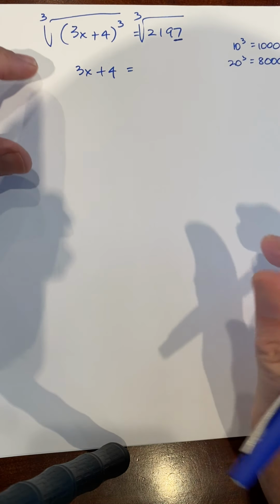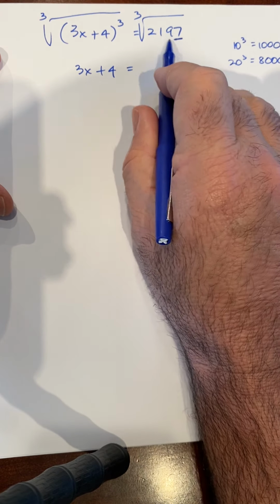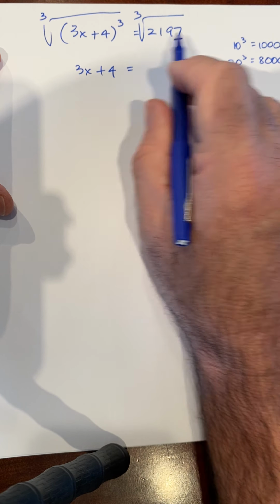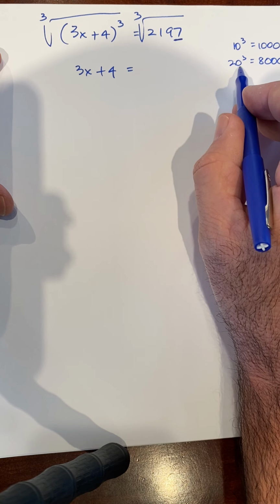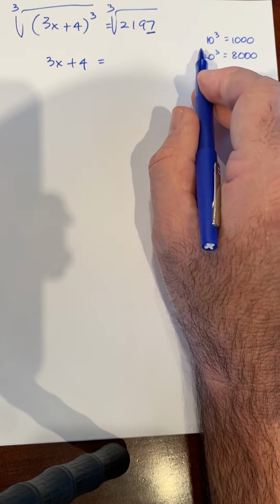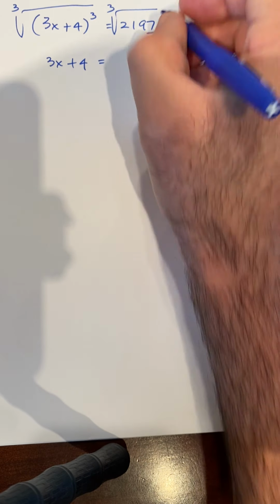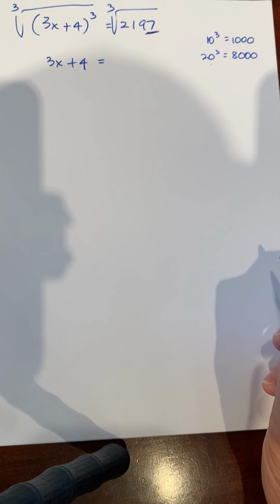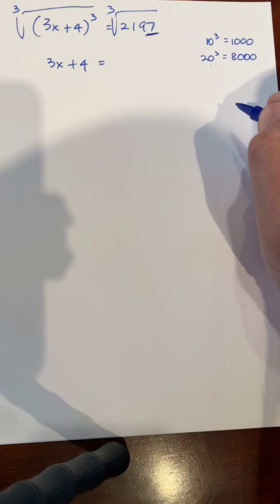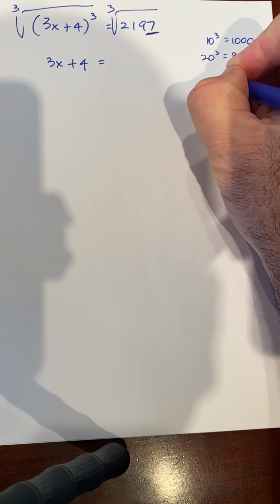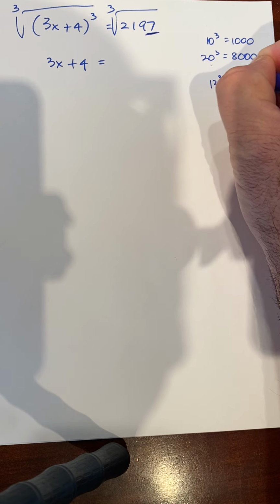So that means to me, I want to guess and check 13. I know it's between 10 and 20. And I key in on this last digit. So I think 13 cubed is a good guess. I'm going to guess and check. Okay?